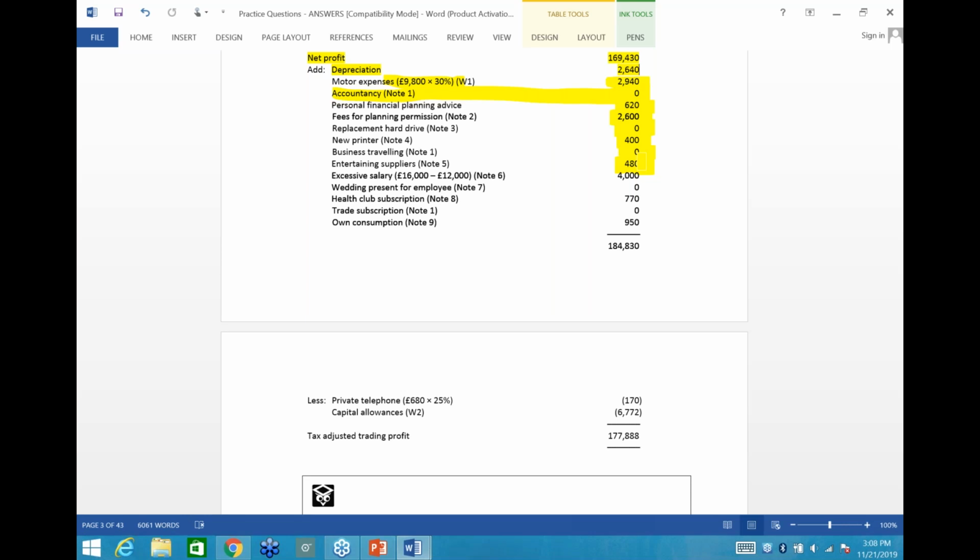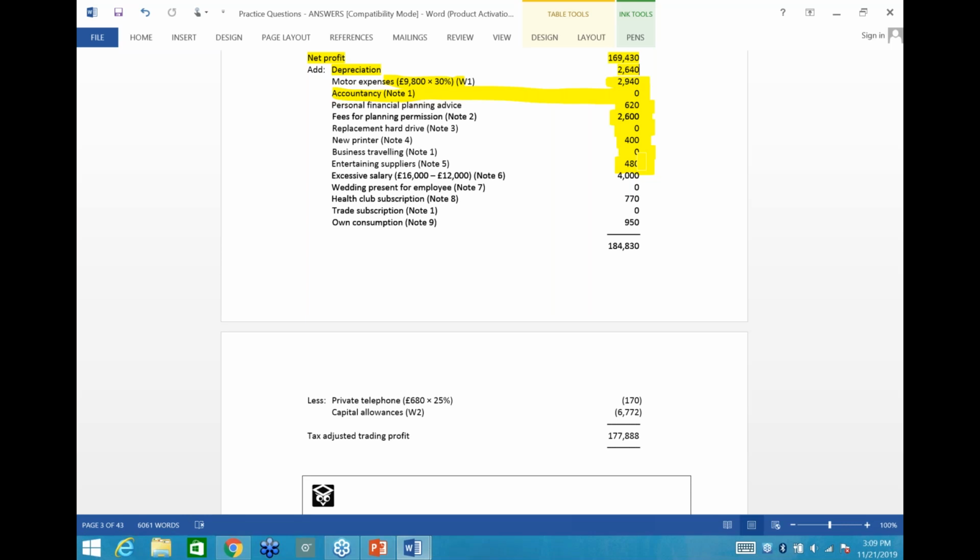You can have your related parties, you can have connected parties, your relatives working for you in your business, and you can pay them a salary, which is an allowable expenditure, but it shouldn't be too excessive. So how do you determine that? You look at the salary paid to a non-related person doing the same job.